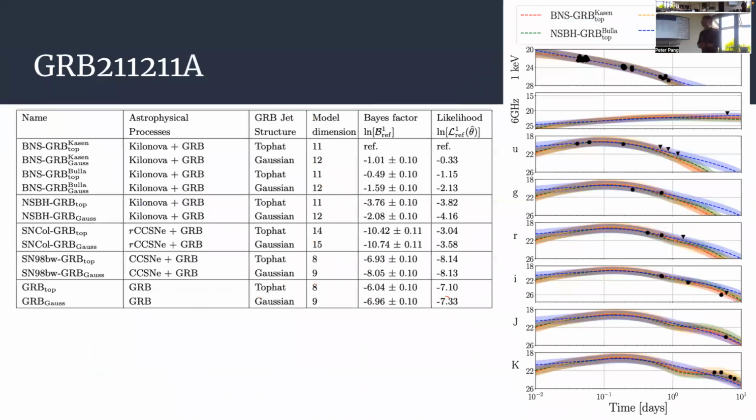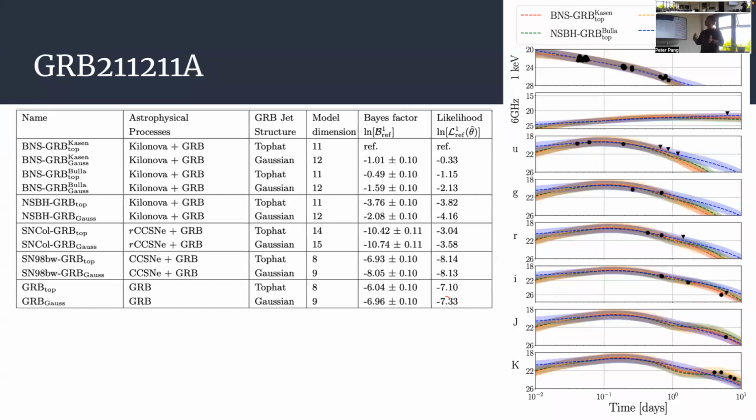But of course, we can also do hypothesis testing, as I said. Here, GRB 211211A is a very interesting event in the sense that we see residual power, and you want to know what could explain it.